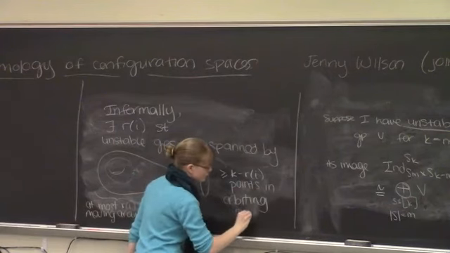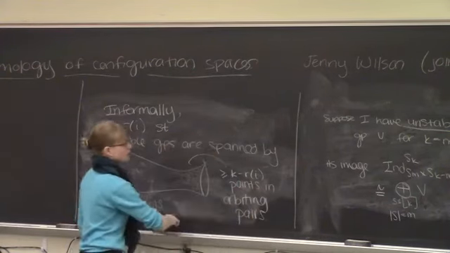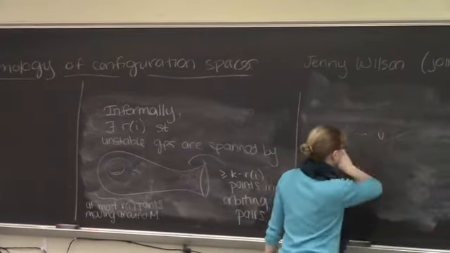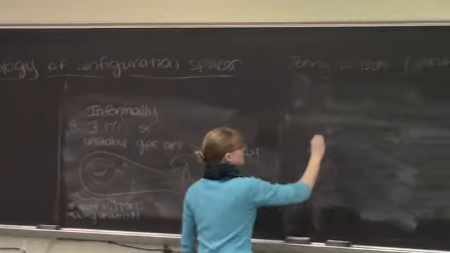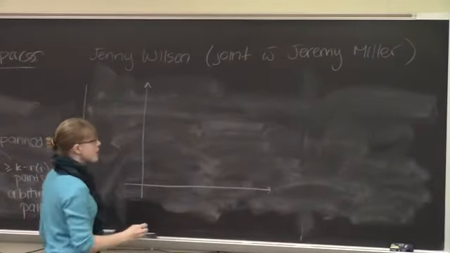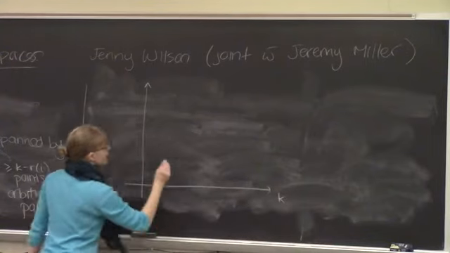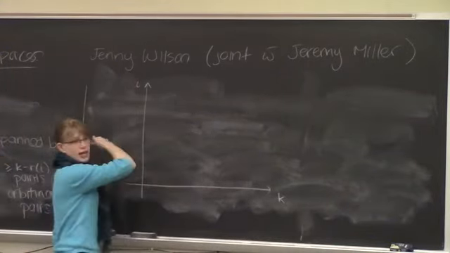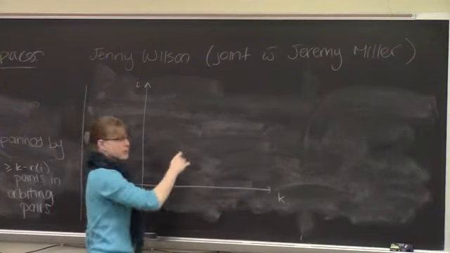Okay, so let me draw a second picture to help us visualize what's going on here. This is a picture of all my homology. So here's the k-axis and here's the I-axis. Along each of these rows, I have homology in a given degree.